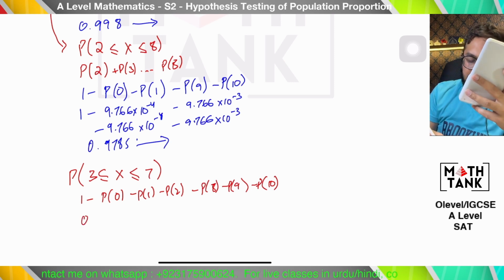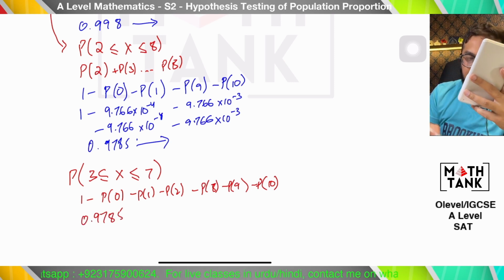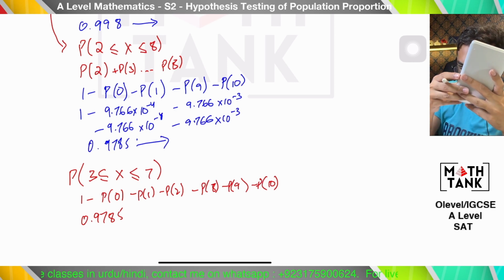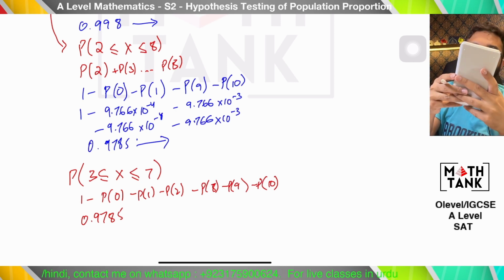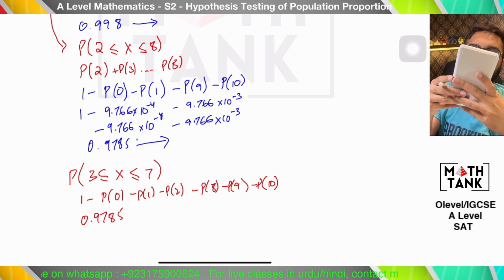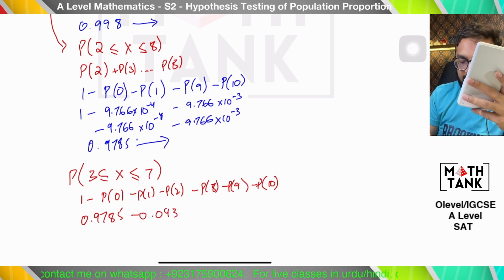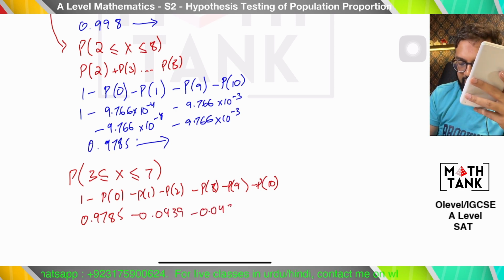Starting from 0.9785, let's calculate the probabilities of 2 and 8 separately and subtract them. With n equals 10 and p equals 0.5, it's 0.0439 and 0.0439.